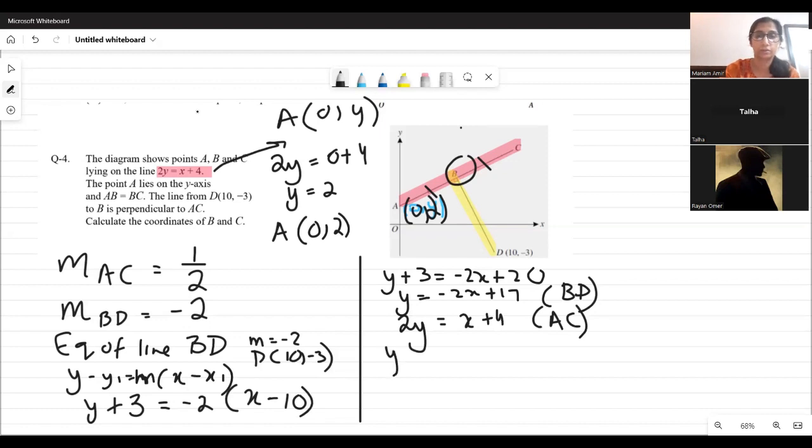That's correct. And miss, x is 6. That's correct as well. So coordinates of B are (6, 5).